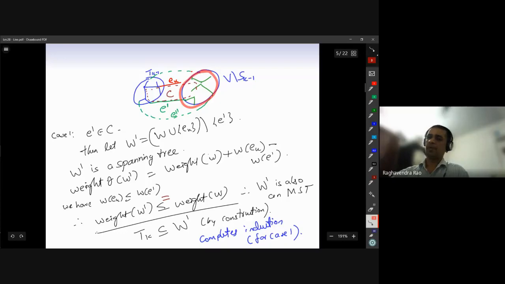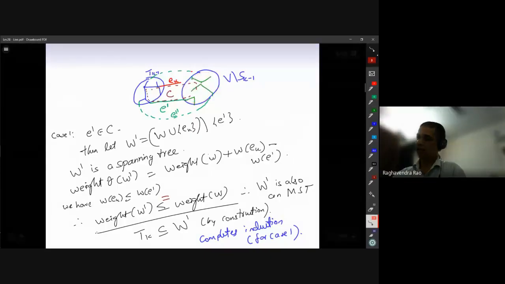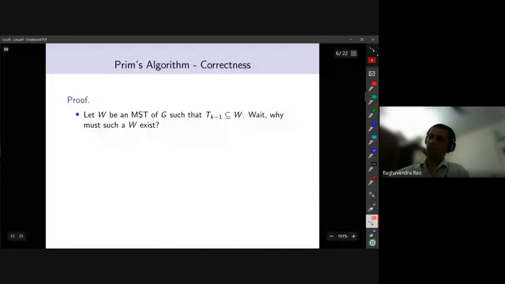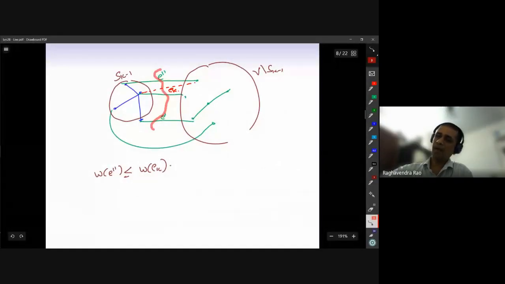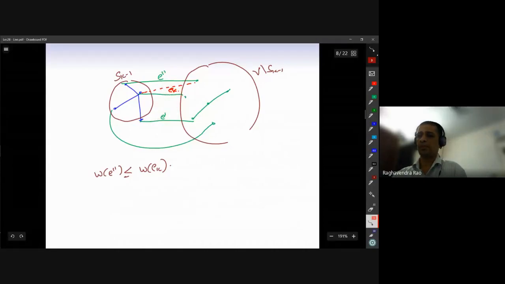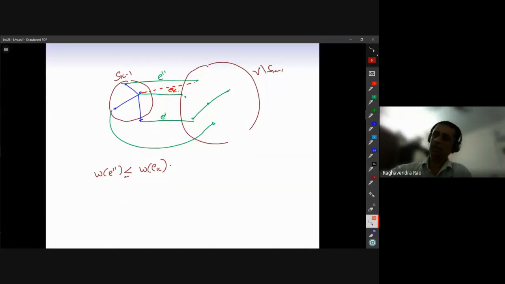In this case it does not fail; it works fine. Either way you will have an edge across, and by the choice made by Prim's algorithm, this edge will have larger weight than the one chosen by Prim's, so you can always remove it from the cycle. That's all.